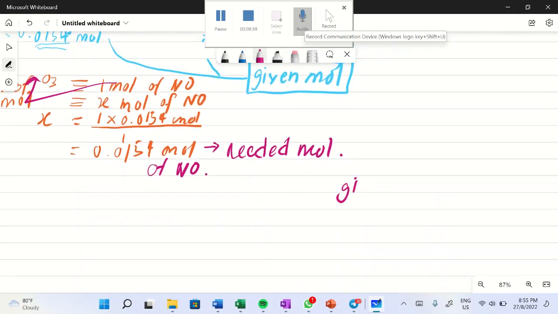If the given mole is lesser than needed mole, then you will get the limiting reactant.